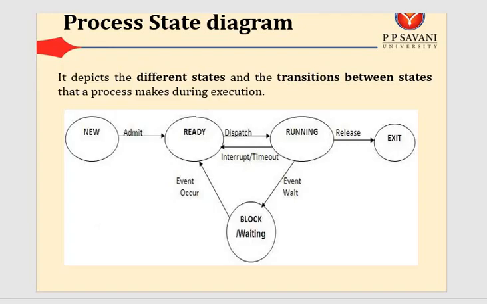Let's understand these five states more clearly via this simple diagram. It shows our five states starting from new, then ready. Between new and ready, whenever any process is born, it acquires the new state. Whenever any process is loaded into the main memory, it acquires the ready state.